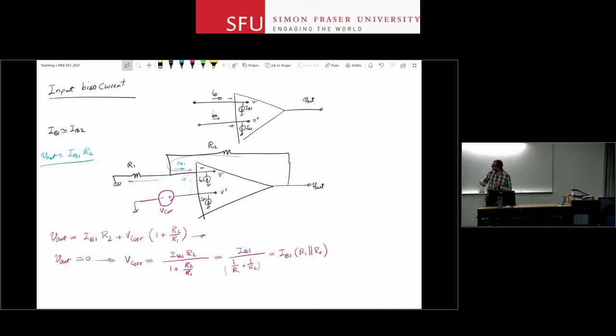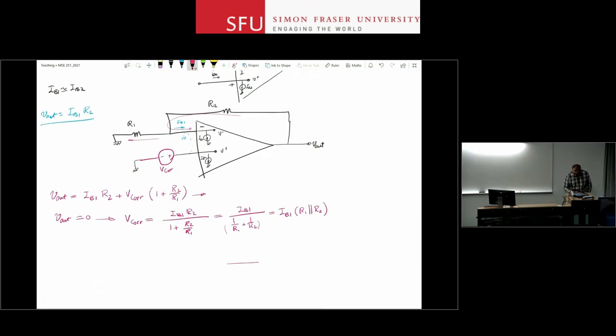So what we can do is note that IB1 and IB2 are almost equal, right? So this is the input bias current to two inputs. The transistors are usually biased similarly, so they're about the same value. And if they're about the same value and I want to produce this correction voltage that is this much, what I can do is make my circuit as before, and to produce that correction voltage, I use a resistor value that is equal to R1 parallel R2.